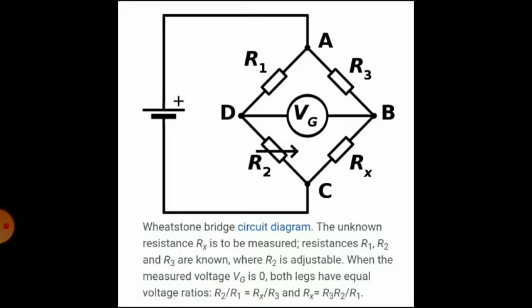When the measured voltage Vg is 0, both legs have equal voltage ratios. Therefore, R2 upon R1 equals Rx upon R3, or Rx, the unknown quantity, will be equal to R3 into R2 upon R1. So you can find out the unknown resistance.